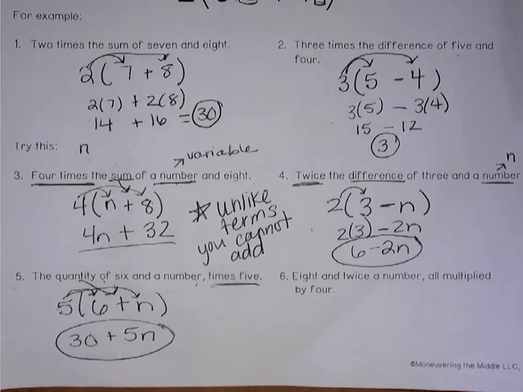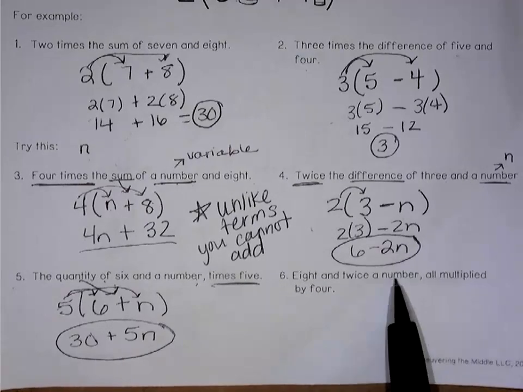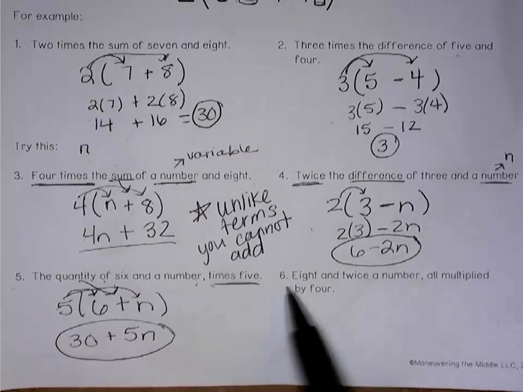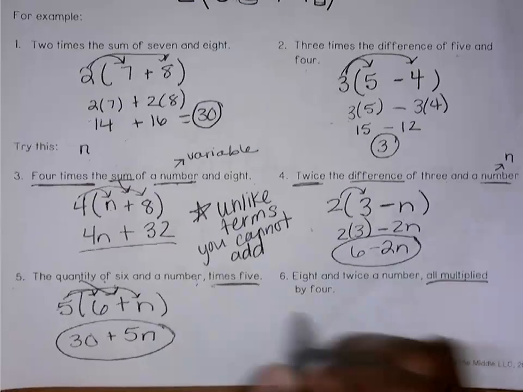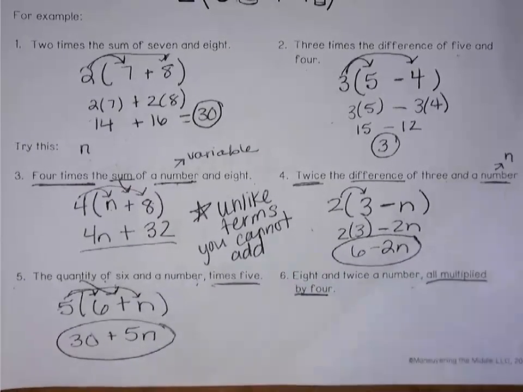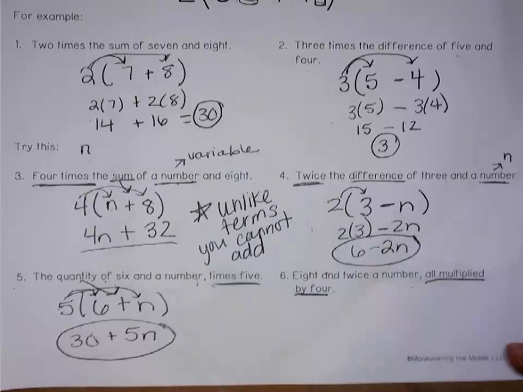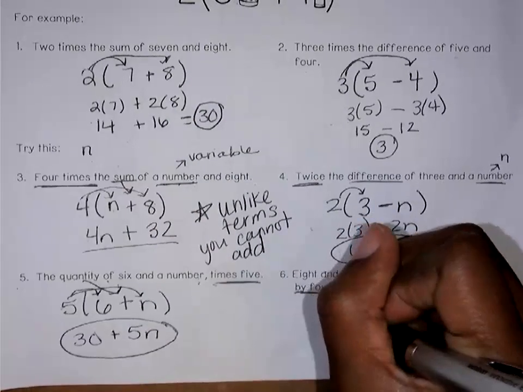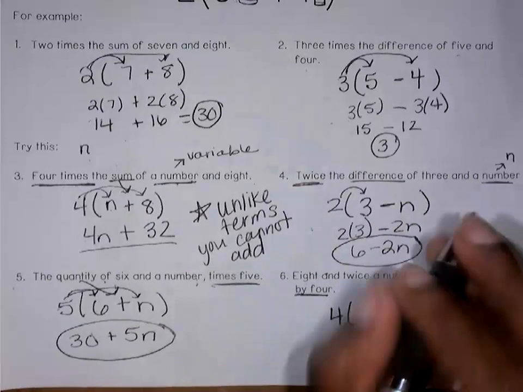Okay. Number 6 says 8 and twice the number, all multiplied by 4. Even though they're just switching the wording around, don't get confused. All multiplied by 4. That means all of that has to get multiplied by 4. That tells you that 4 is going to be on the outside, and you have 8 plus twice a number.